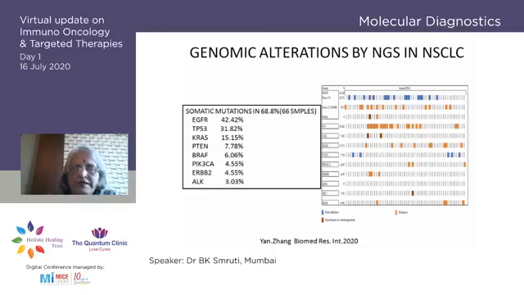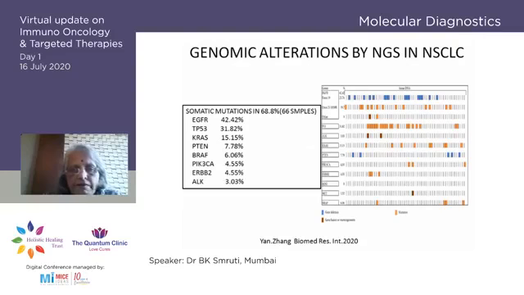If you look at this Chinese study, they selected about 60 patients, and using the NGS panel, they found these mutations in 68% of the patients, ranging from EGFR, KRAS, BRAF, ERBB2, ALK. So these were the mutations that they found in their limited sample.